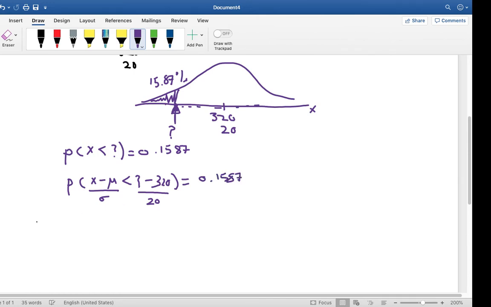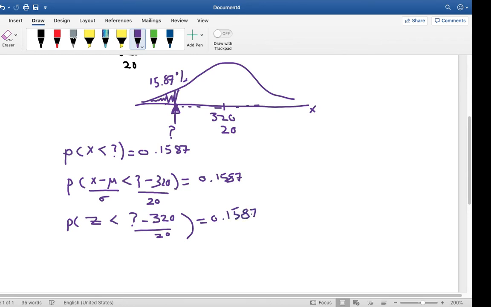Now I know that x minus mu over sigma is z, and z means standard normal, so we just standardize this. Still don't know what this question mark is though. Question mark minus 320 over 20 equals 0.1587. So we can do a graphic of that as well.